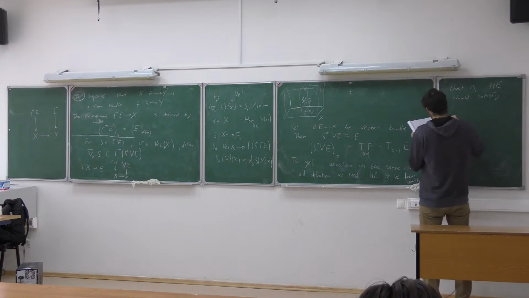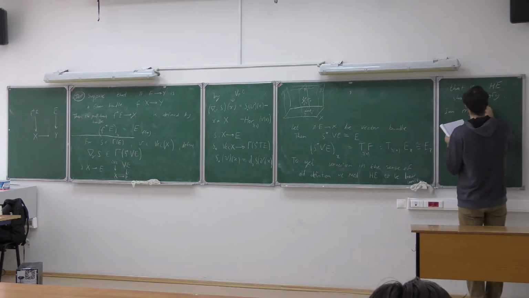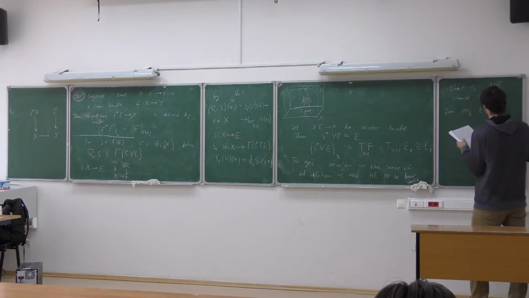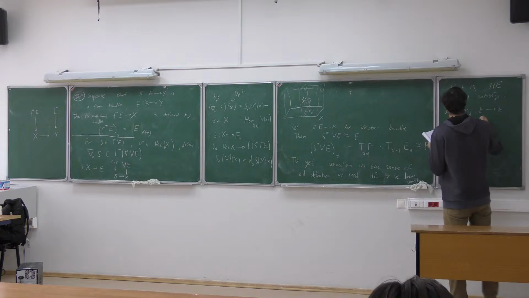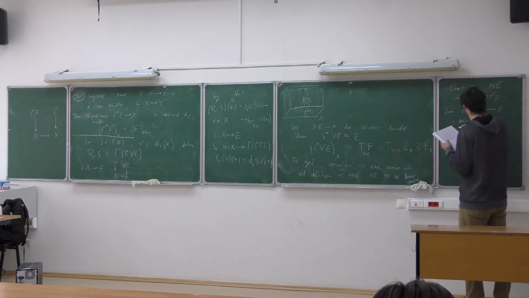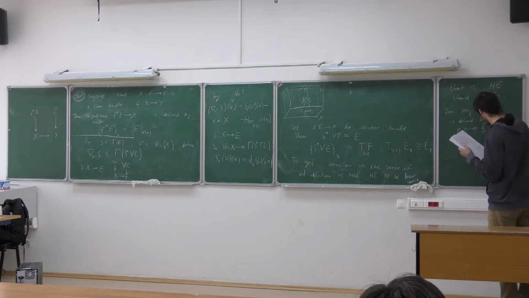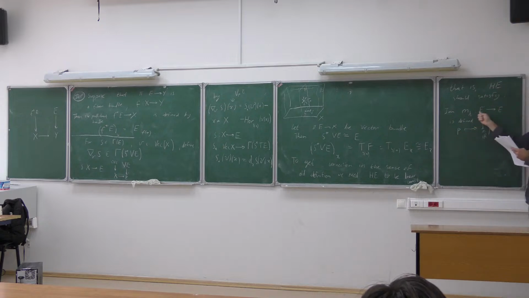If I introduce the map m_lambda, a smooth map from E to E, defined as follows: I take P and multiply it by lambda, which is just a real number. Multiply in the sense that this element belongs to a fiber, and inside the fiber I can multiply it by a scalar. So there's another element in the fiber, and in E, of course.